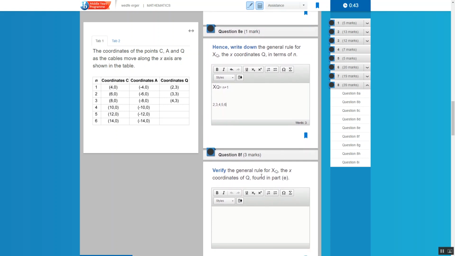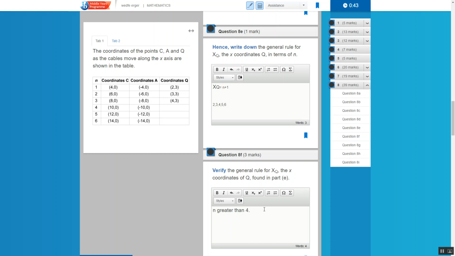Verify the rule for xq. Okay, so to verify we have to use n is greater than 4. Okay, you can use one of the ones, but you only get 1 mark to get all the marks. Use n is greater than 4.